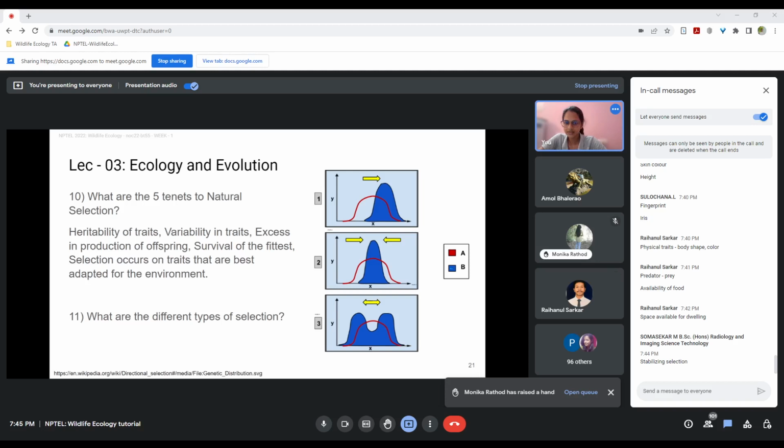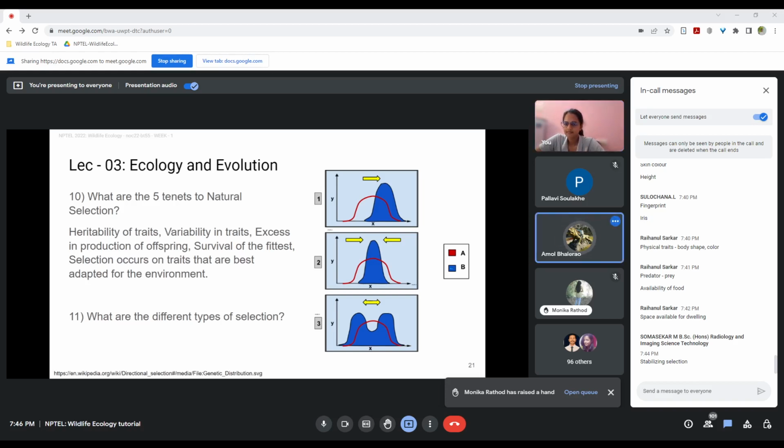Human young ones survive at a weight of 3 to 4 kg. So the number of offspring, no, this is a kind of selection. What is actually happening? You have a whole range of traits on the x-axis, but in stabilizing selection, what is the trait that is getting selected for?